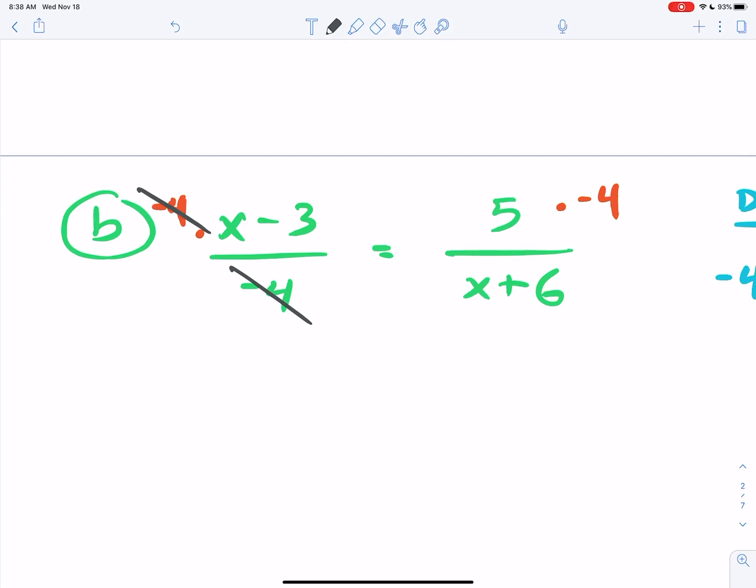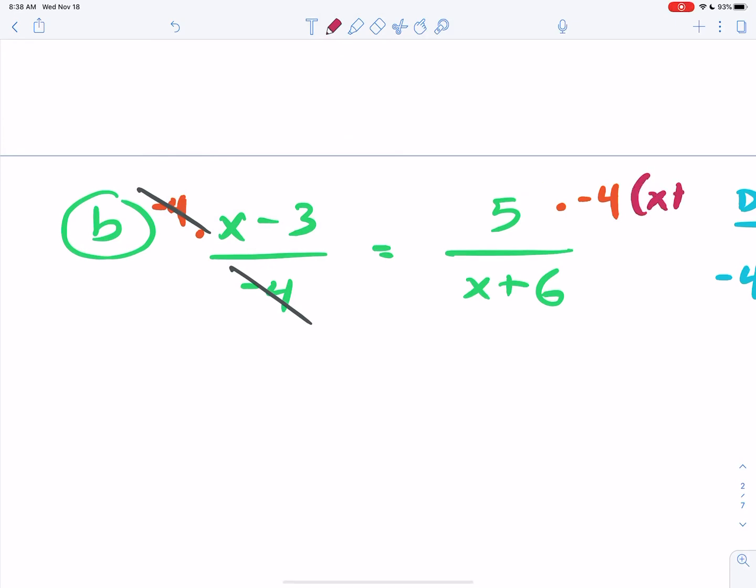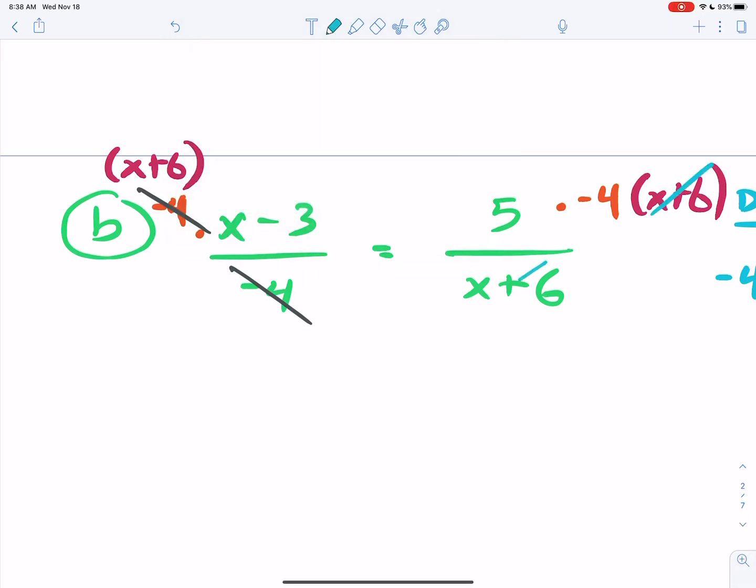So what else do I have to do, right? I'm also going to have to multiply by an x plus 6 factor. But what I do to one side, I have to do it to the other. That allows me to cancel out these two. So notice how all denominators are reduced out, okay?